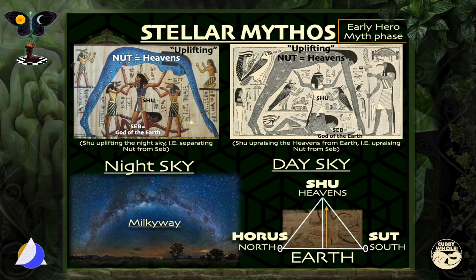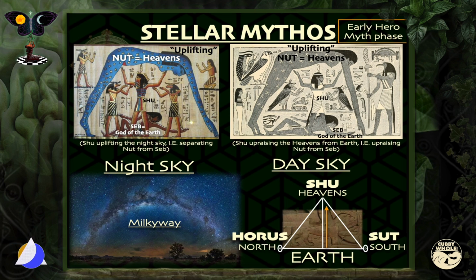So just to add more clarity on this elemental force or god Shu, if anybody has seen the Milky Way at night, they know that it is an enormous, beautiful arch cluster of stars. And if you haven't seen it, you have to go out where there isn't so much light and check it out. It's extremely beautiful. But this was venerated as the goddess Nut. So this is what Shu represents, holding up or uplifting.